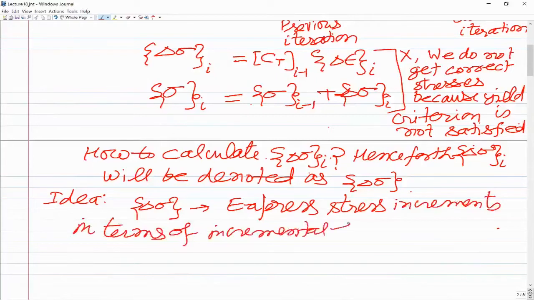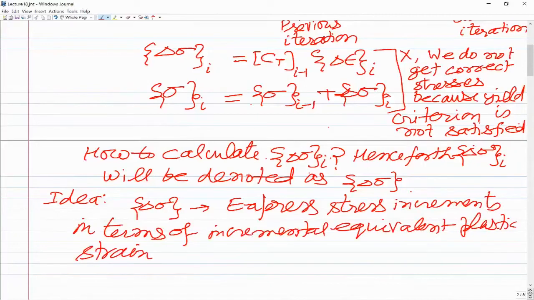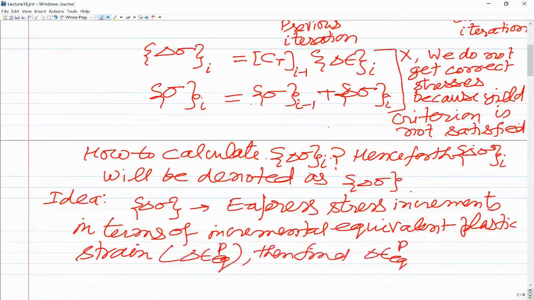Incremental equivalent plastic strain, and that is basically delta epsilon equivalent P, which we have already defined, and then find delta epsilon equivalent P by satisfying the yield criterion.